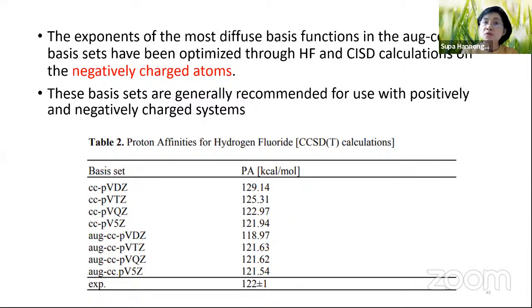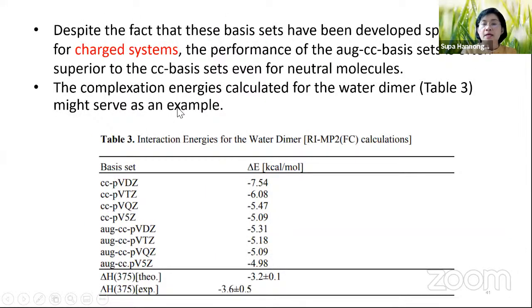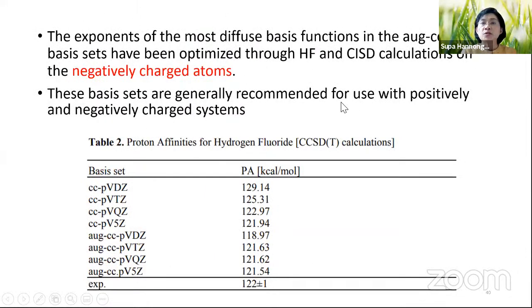Sometimes, if you don't include this kind of function, you can get incomplete results. But if your system has negatively charged atoms, you need to use the CC or the OCC basis set. Therefore, the basis set in this group is recommended for positively or negatively charged systems.